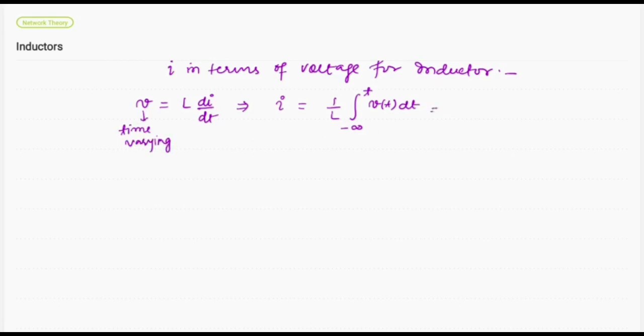Further simplifying, we get 1 by L integral from minus infinity to 0 of V(t) dt plus 1 by L integral from 0 to t of V(t) dt. So we see that the current has two components.